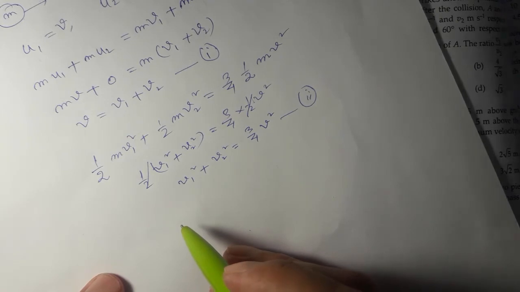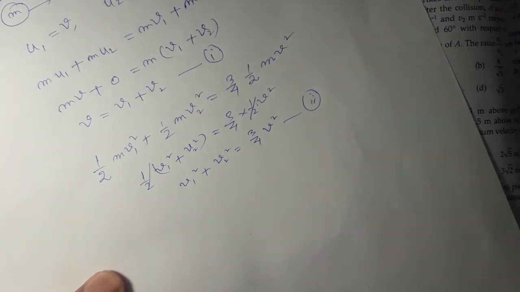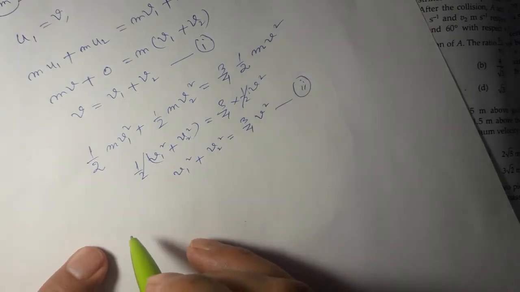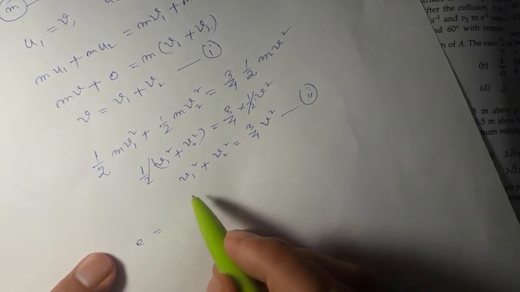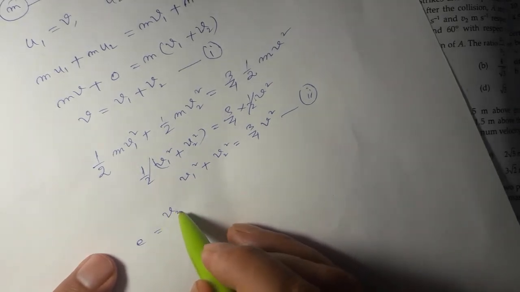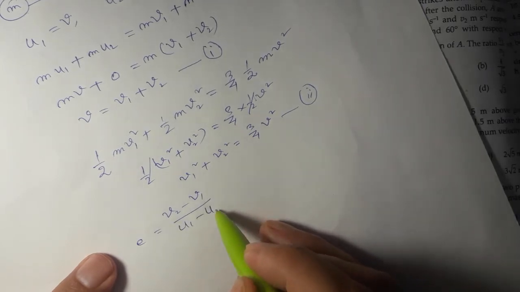So from here, let us try to remember the formula that we have written for the coefficient of restitution. For the coefficient of restitution, E was equal to the relative velocity of separation, v2 minus v1, and the relative velocity of approach, u1 minus u2.